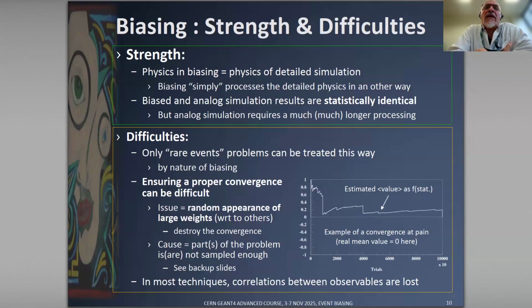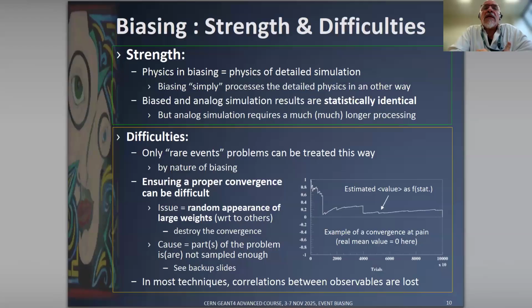And so this causes, if you are monitoring the convergence of some observable, some mean value of an observable, you may see something like what is shown on the graph on the right. In this case you are calculating a mean value of some observable, which should converge to 0, and you see this strange behavior of something which is from time to time rather smooth, but then you have these big drops, which are due in fact to large weights.